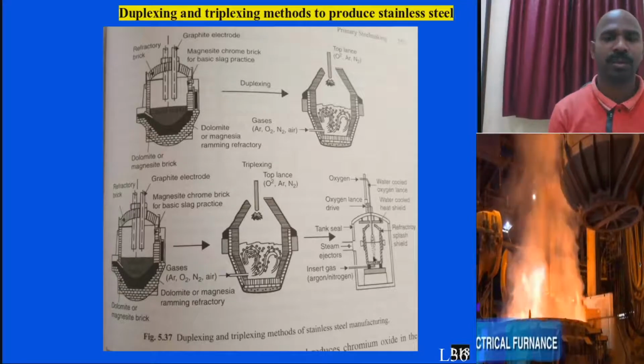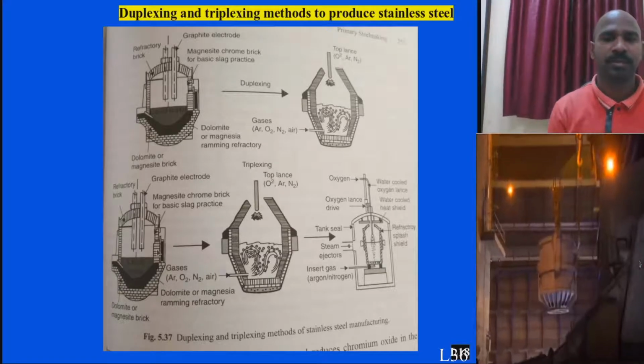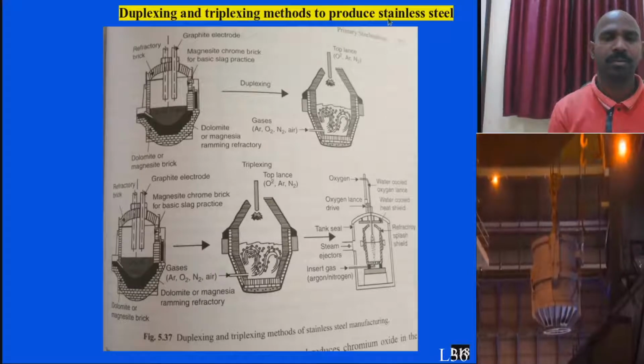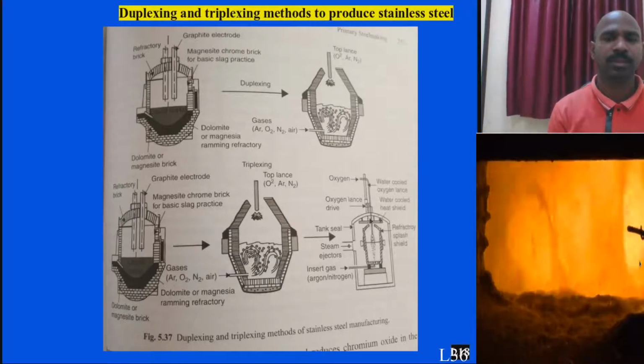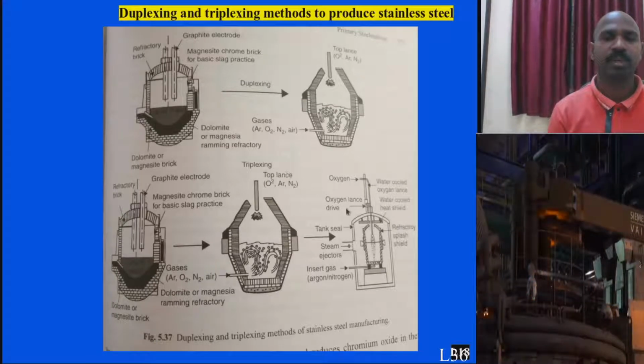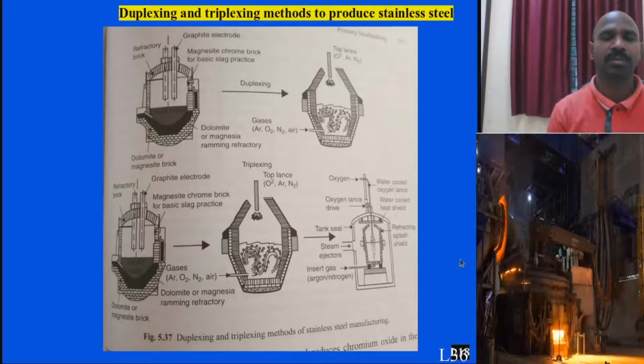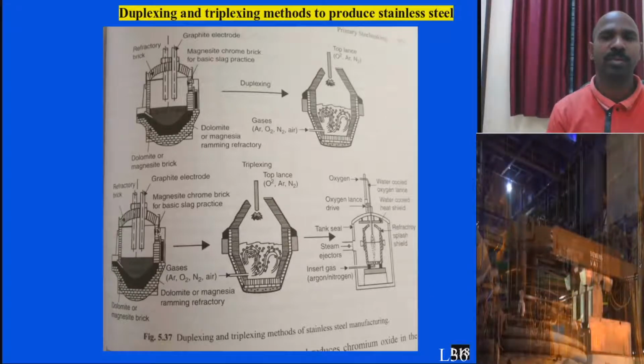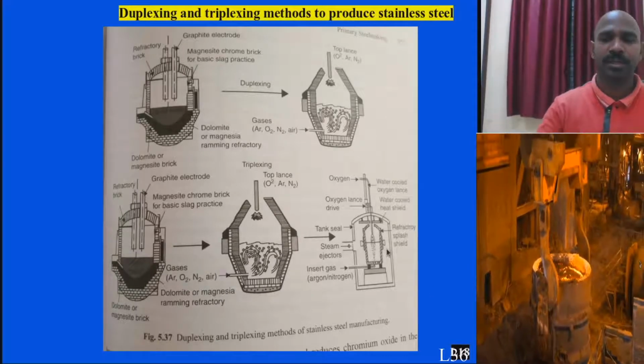Since three steps are involved, it is called the triplexing method to produce stainless steel. This method is very old. Mainly it is required when carbon has to be reduced, and earlier it followed a combination of the EAF process and the vacuum process.